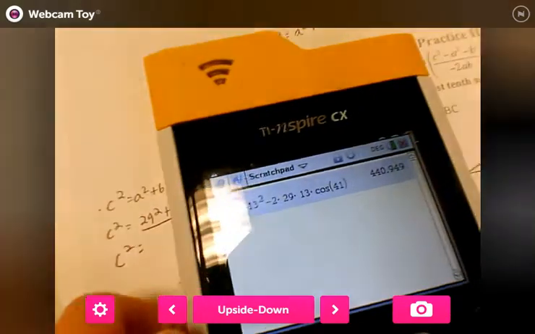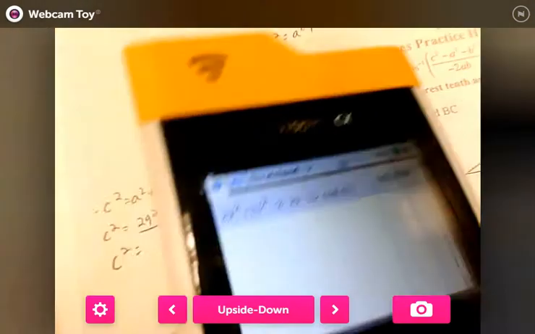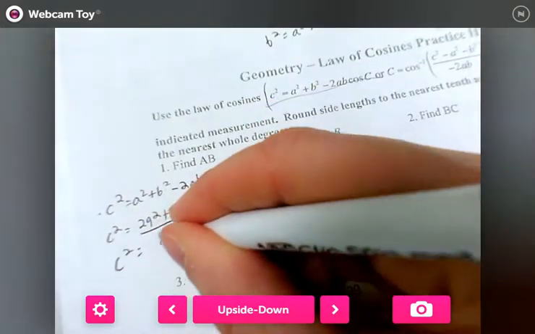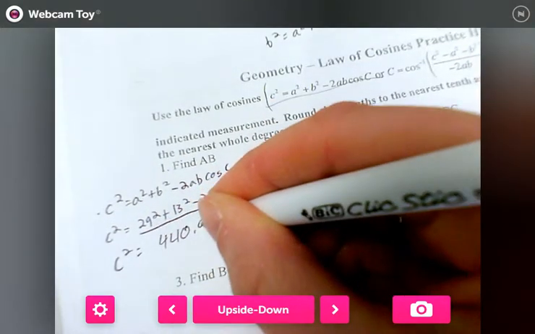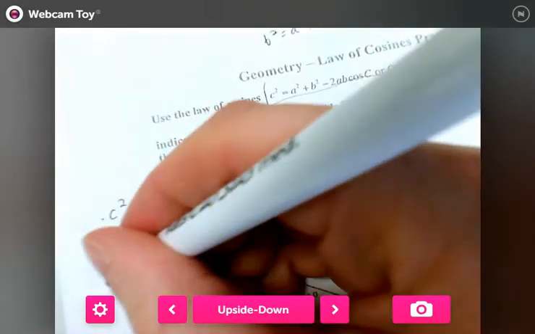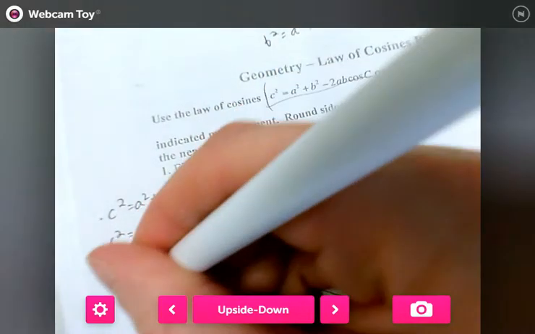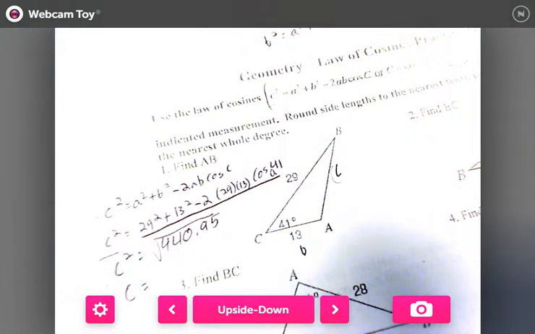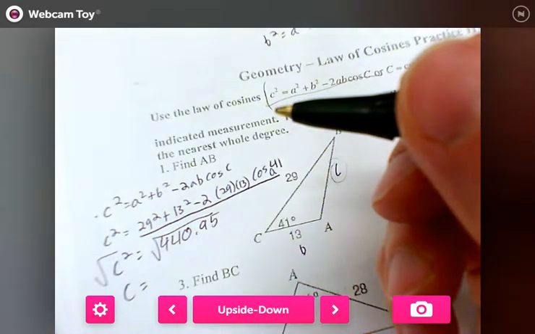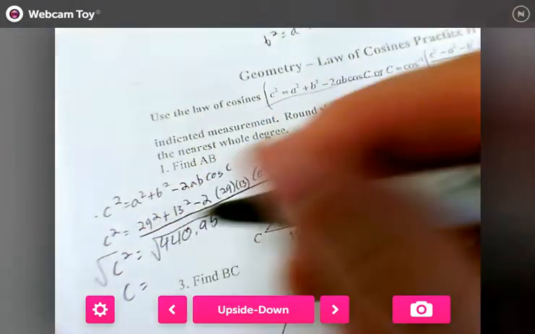I push enter, and I get 440.95. Now I have one more step I have to do, square root. I need to get rid of that square in front of c. And I get c equals 20.9 or 21.